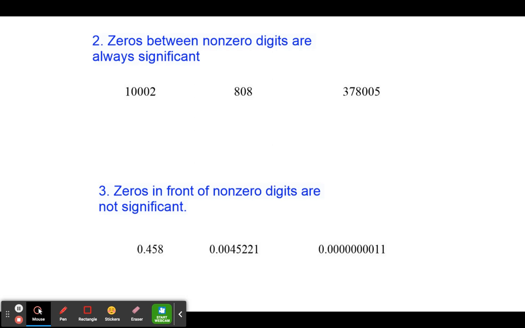In 0.0045221, how many are there? 5. In 0.00000000011, how many are there? 2. And in the one on your notes page, 0.00532, how many? 3. Leading zeros don't count. Ready for number 4?